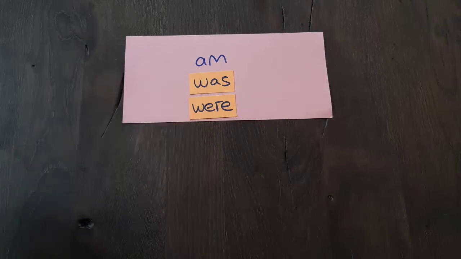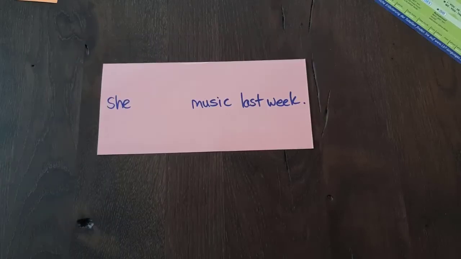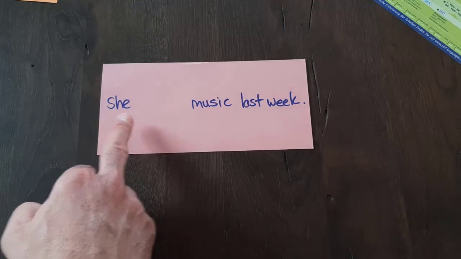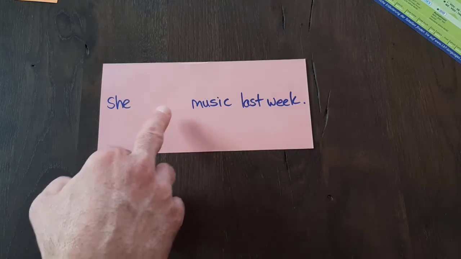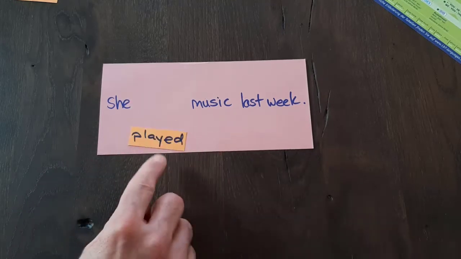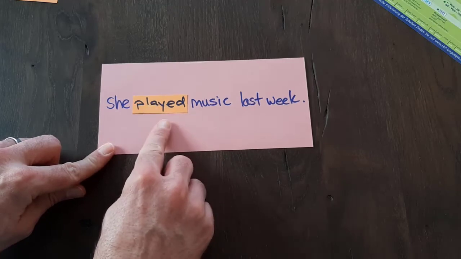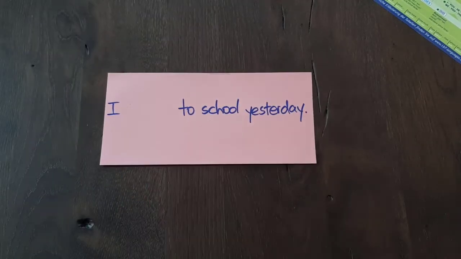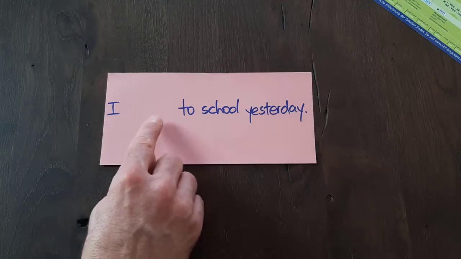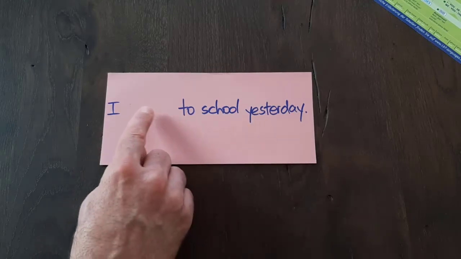Okay? So for some quick practice, also eine schnelle Übung. She, music last week. Spielen, oder sie hat gespielt. She played music last week. Simple past. In this example, I, to school yesterday.